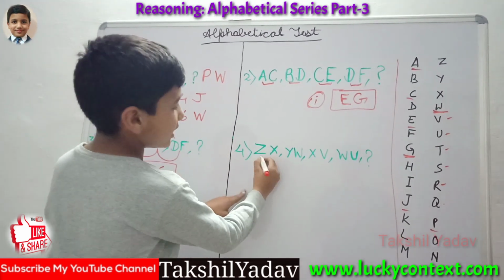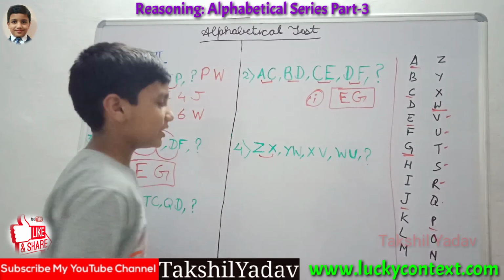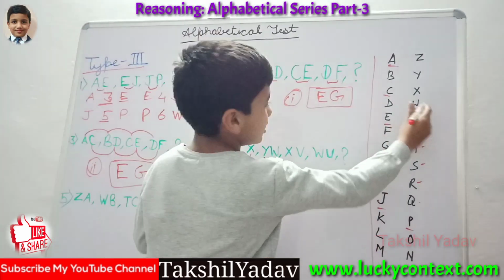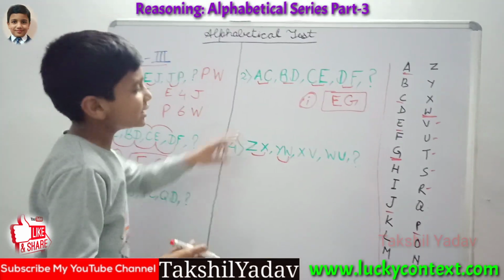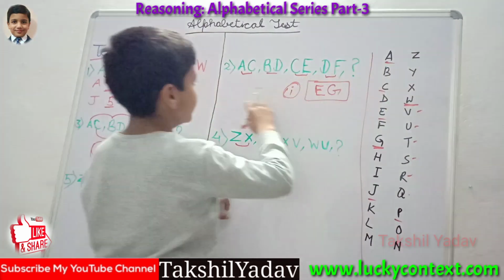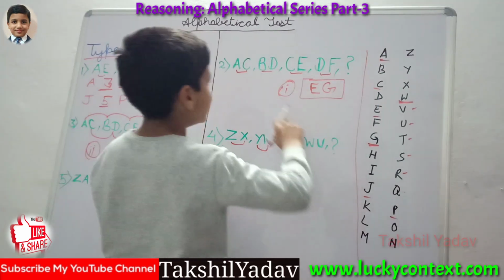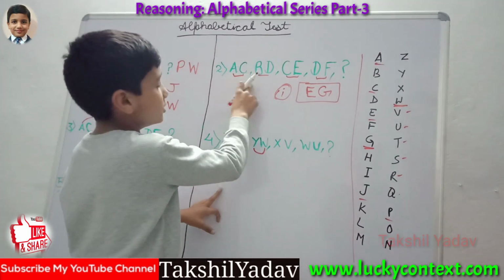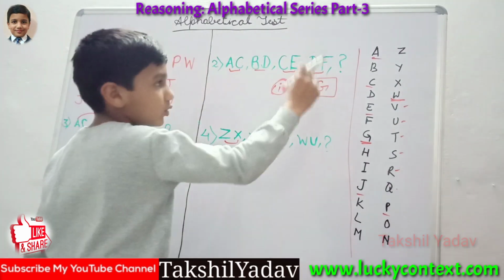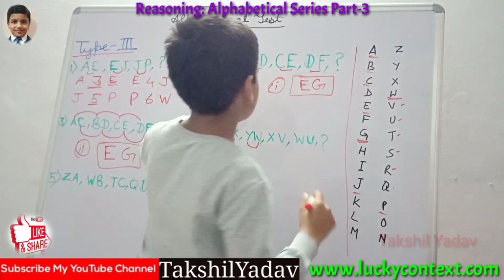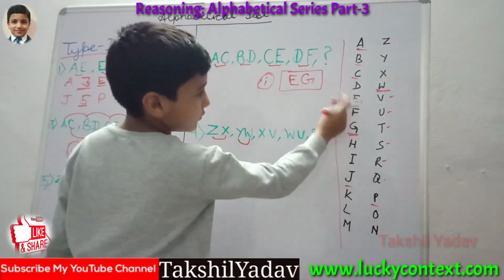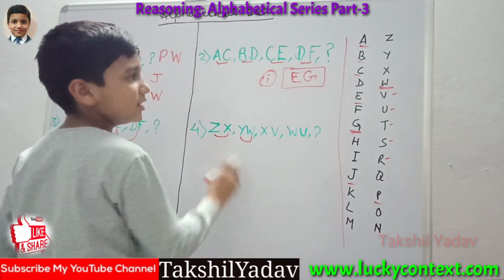So here again we have ZX and the letter between them is Y. Then we leave one letter and take W. But the difference in these two questions is that here I have started with Z and there I started with A. There the alphabets were continuously increasing. Here the letters that I have written are going down. They are decreasing.